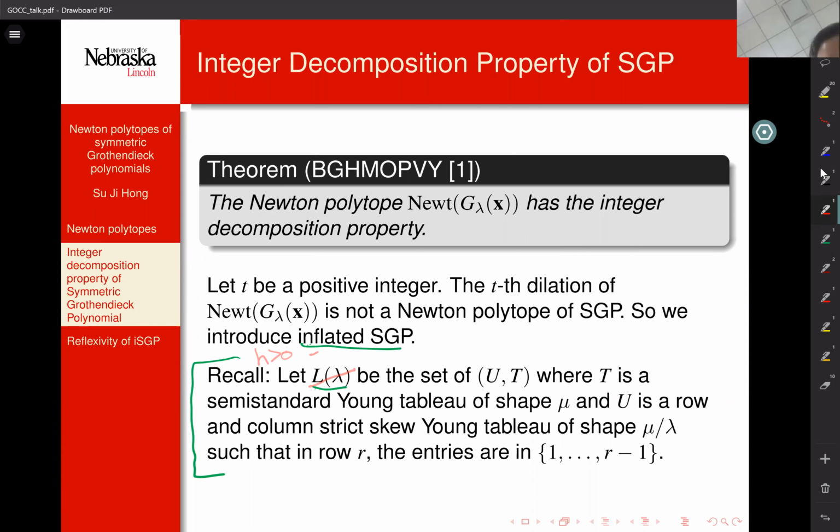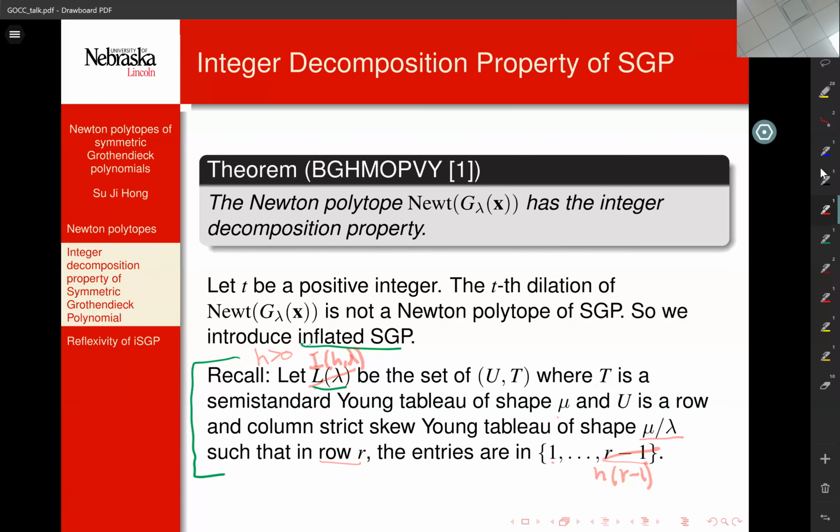Just so that I can write it better, let I of H comma lambda be the set of pairs U and T, where T is a semi-standard Young tableau of shape mu, and U is the row and column strict skew Young tableau of shape mu over lambda, such that in row R, instead of having the entries be from 1 to R minus 1, we let them be from 1 to H times R minus 1.